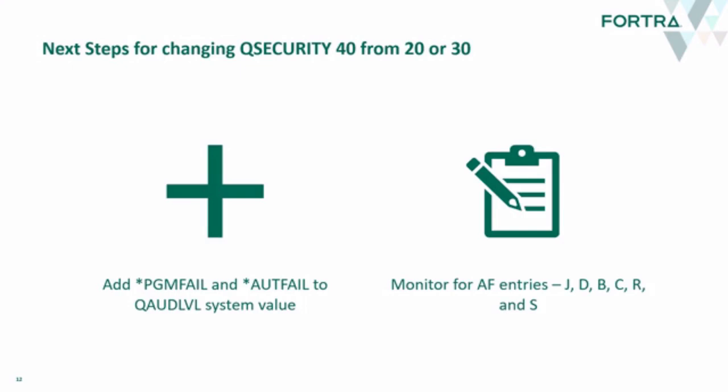But at level 20 and 30, it's just basically an informational message about this authority failure potential. And I've listed the different AF type entries that you're going to be looking for. So the J is for those job descriptions, D is for domain failures, and then there are four others that you can possibly experience. But the two that we experience the most are of the job description and the domain.